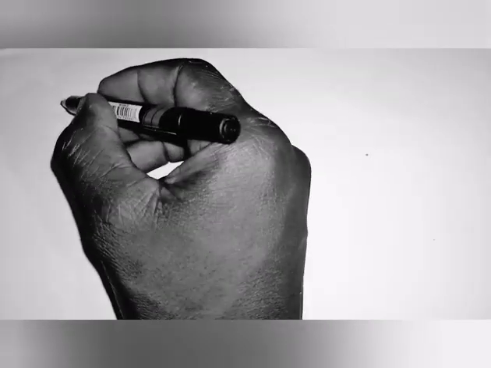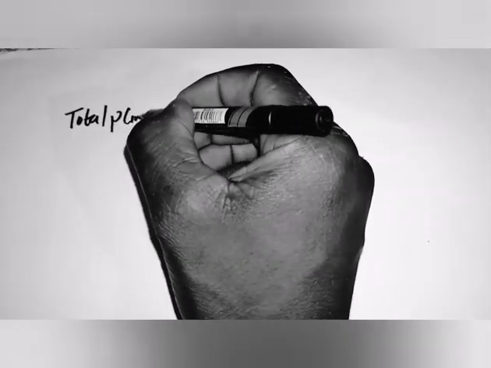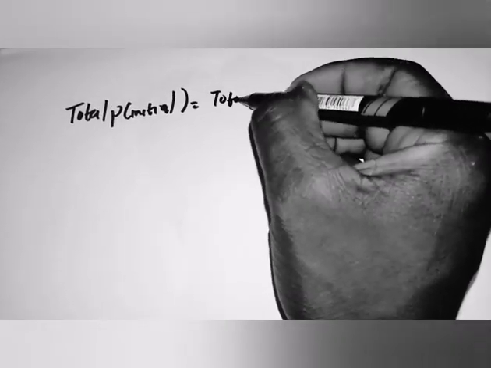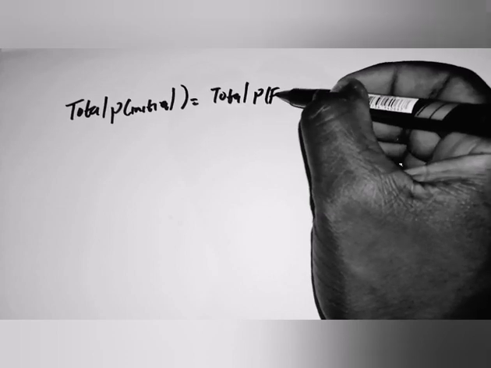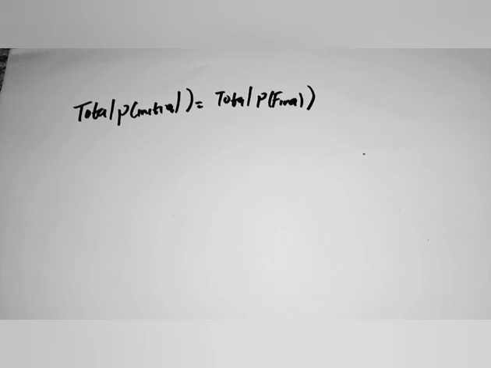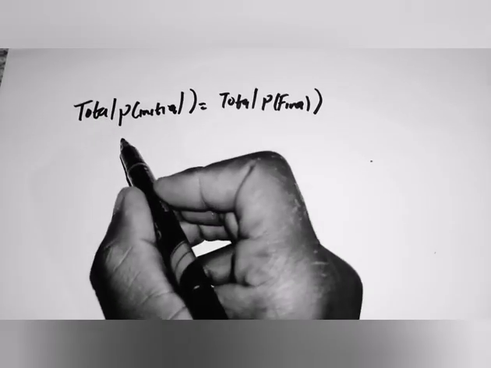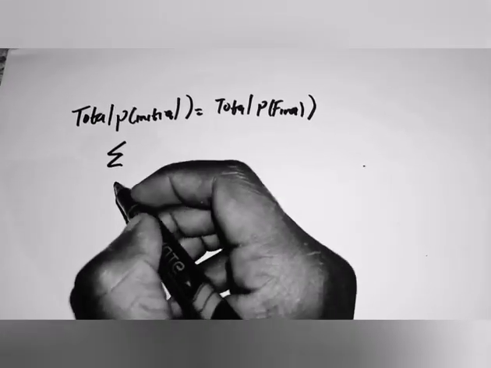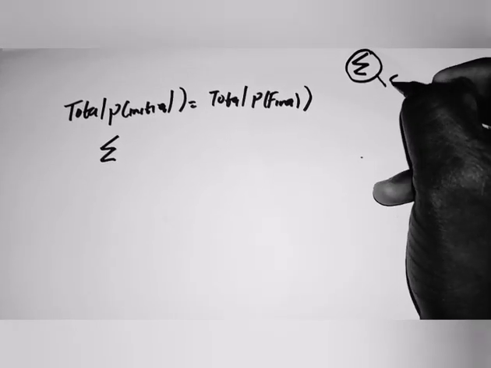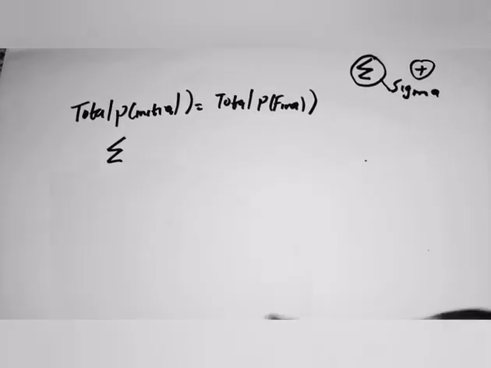Alright, I want to explain the total P initial, which is the formula for the conservation of linear momentum, equal to total P final or total P after. We get the total when we add two values. The answer becomes a total, and in number patterns or sigma notation we were taught that this is sigma, which tells us about addition.